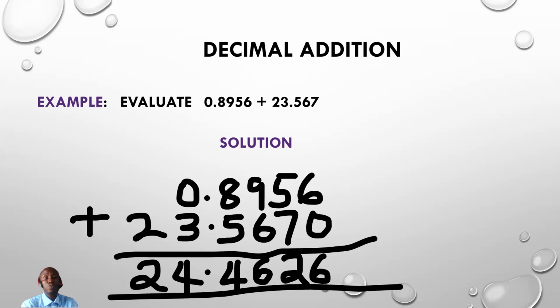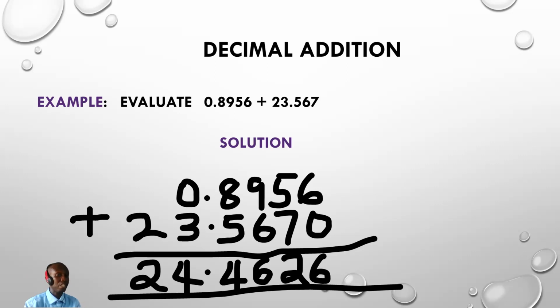So we have 6 plus 0, 6. 5 plus 7, 12, carry 1. Add it to the 9, you have 10. 10 plus 6, 16, carry 1. Add it to the 8, you get 9. 9 plus 5, 14, write 4, carry 1. And add it to the 3, you get 4. And then you bring down the 2.